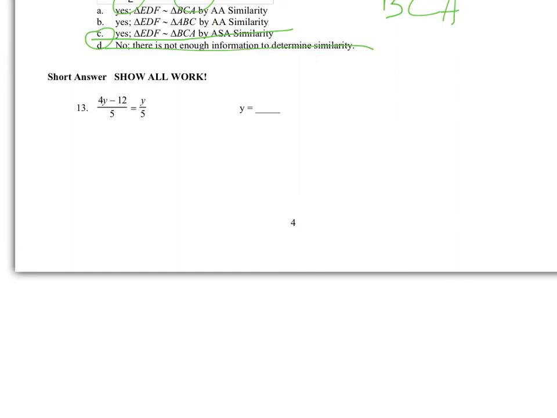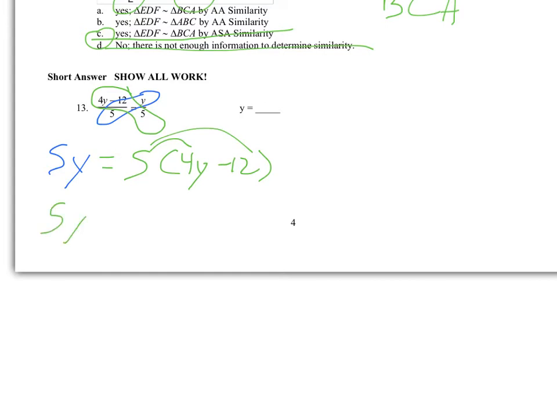Okay, let's look at number 13. Number 13, we have two fractions equal to each other. These are basically two ratios, a proportion problem. We can solve it by cross-multiplying. 5 times y is 5y, and 4y minus 12 times 5 will have to be distributed.